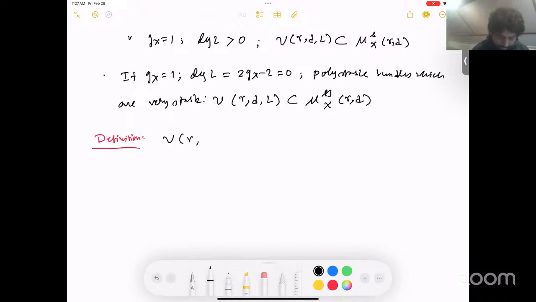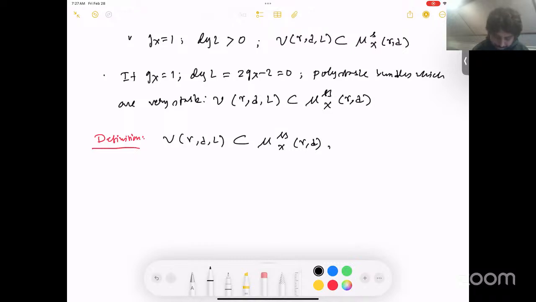So our definition that we used in our work with Steve, in general, we considered this very stable locus to be the locus inside the moduli space of semistable bundles for any curve, okay?